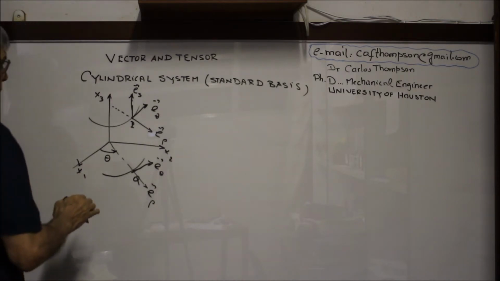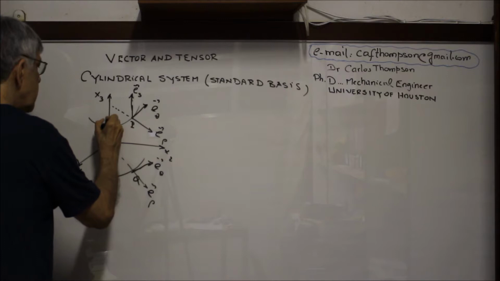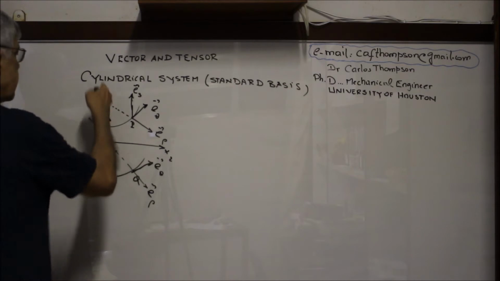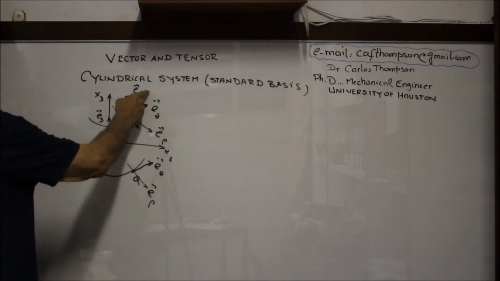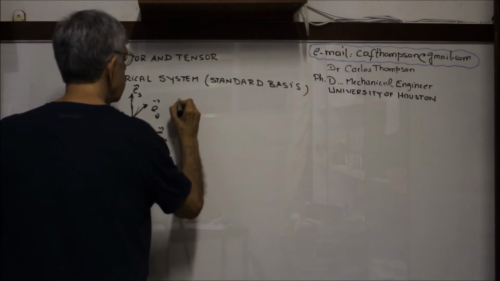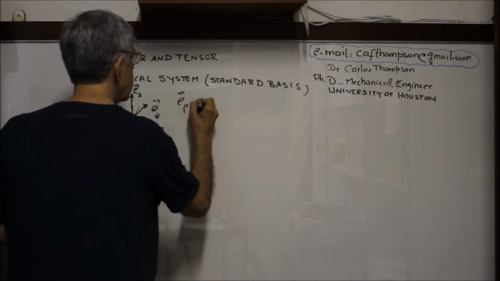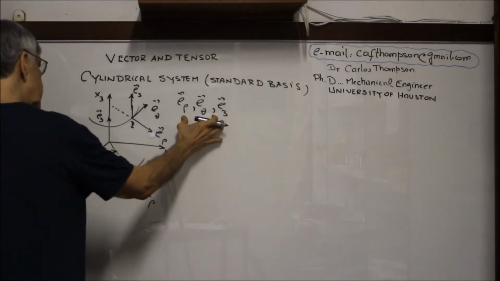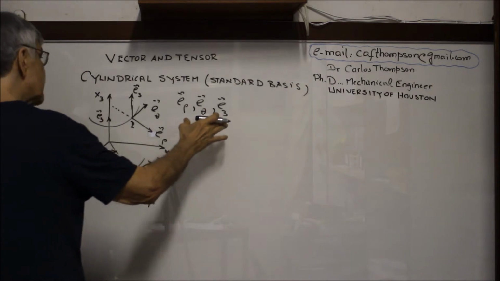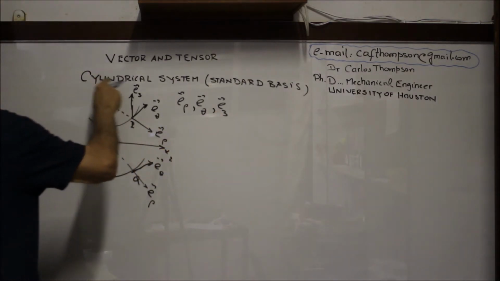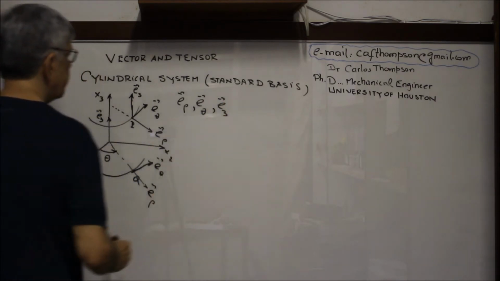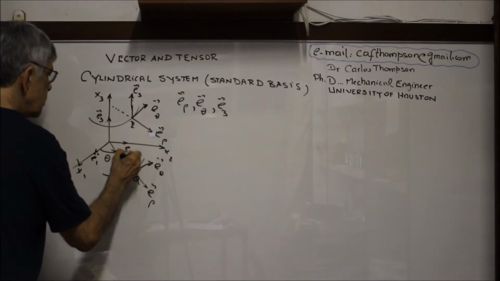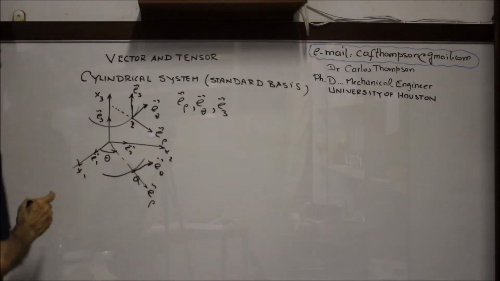Now, because E3 is the same in this vertical axis here, this is the cylindrical coordinates, so you have here E rho, E theta, and E3. These are unit vectors representing the cylindrical coordinate basis. And this is E1, E2, and E3 is the same.